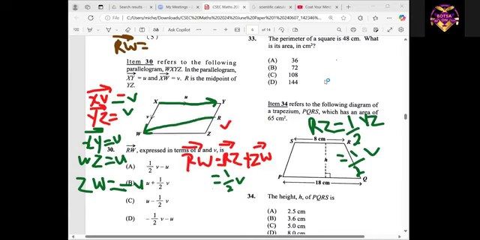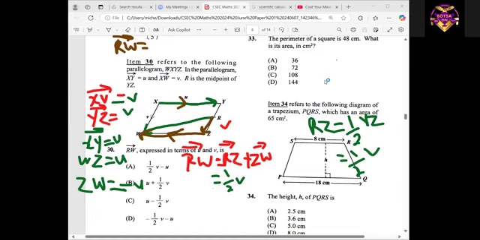We start from R, head on to Z, and then end up at W. So ZW is heading in the opposite direction of XY. We use the same letter U because it is the same size, but it changes the sign.